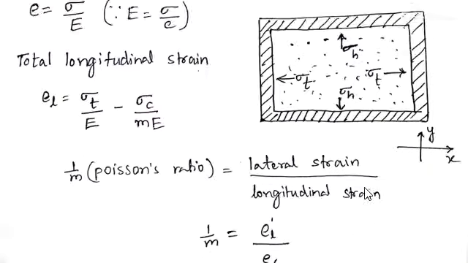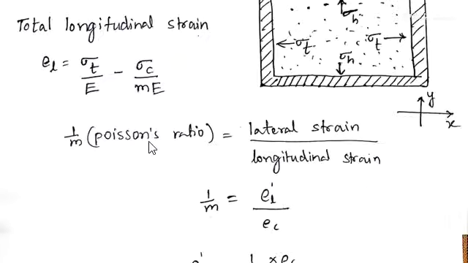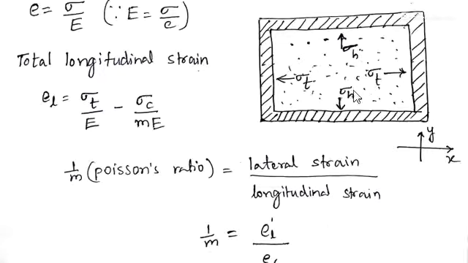So if you write from those considerations, Poisson's ratio 1 by m is equal to lateral strain by longitudinal strain, and the lateral strain is nothing but the strain in the length direction because of this circumferential stress. So that is EL dash, strain in length direction dash.